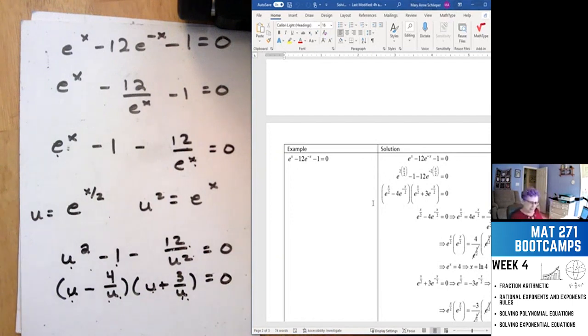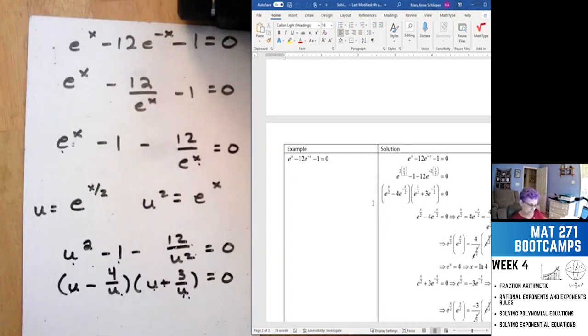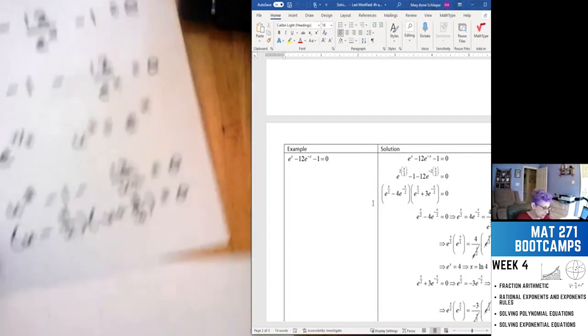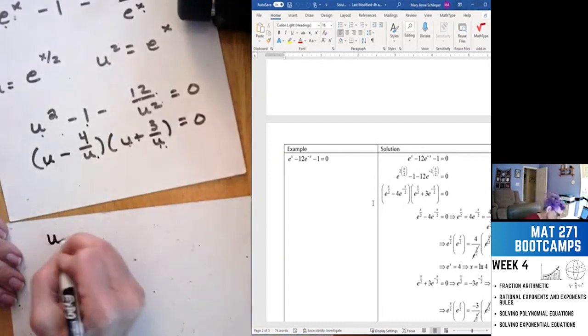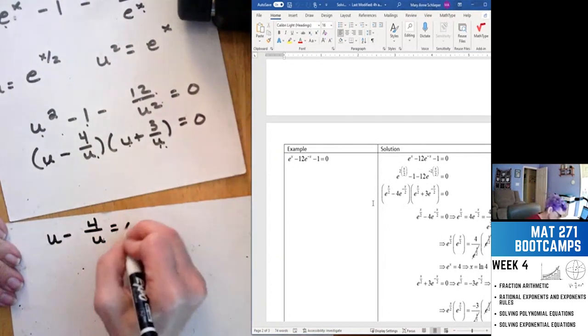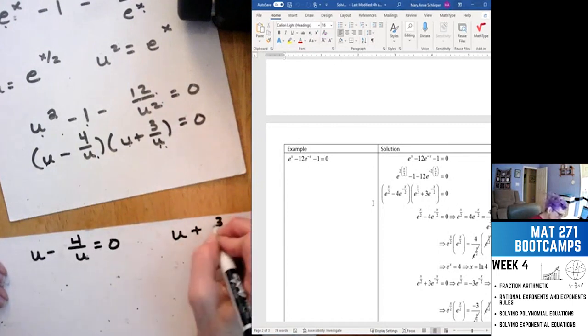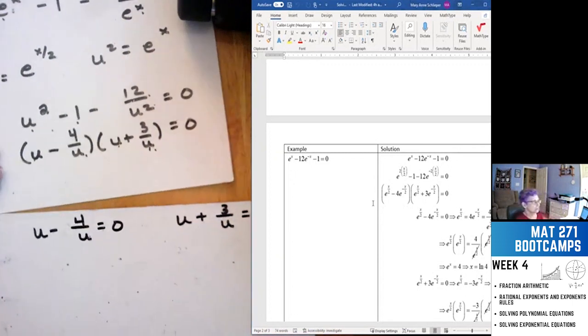So it's a little different. Not just a polynomial like we've had before. But now I can take each of these little pieces: u minus 4 over u equals 0, or u plus 3 over u equals 0.